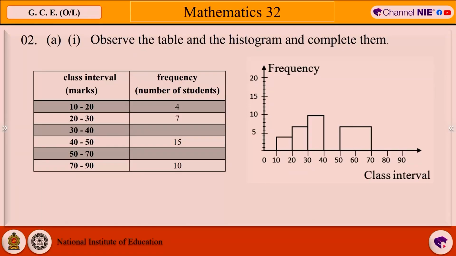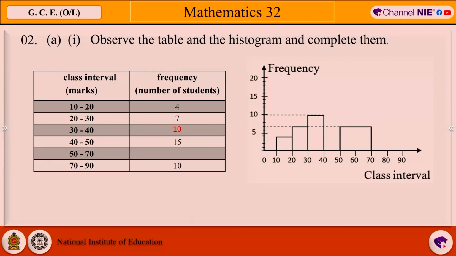Now, in the column 30 to 40, the class interval is empty with the frequency. We have to find it from the histogram, isn't it? So, if you go to the histogram and see the frequency of the 30 to 40 class interval, it is 10. So, you can complete that row of the table as 10, and in 50 to 70 there you have the frequency of 7, but look at the class interval, it has twice the size of the class interval of the smallest, isn't it?